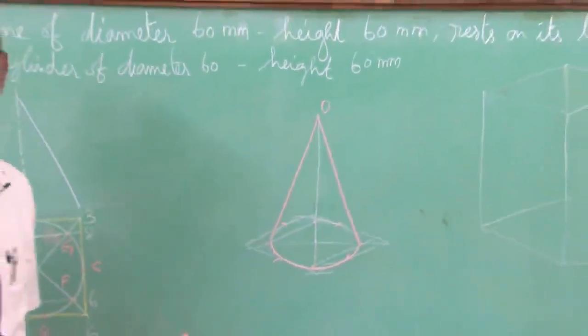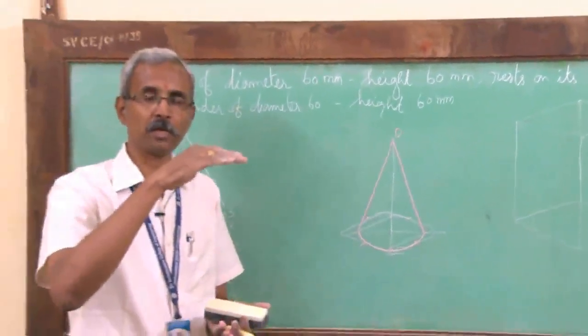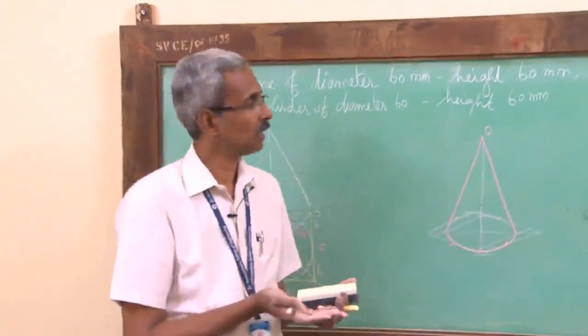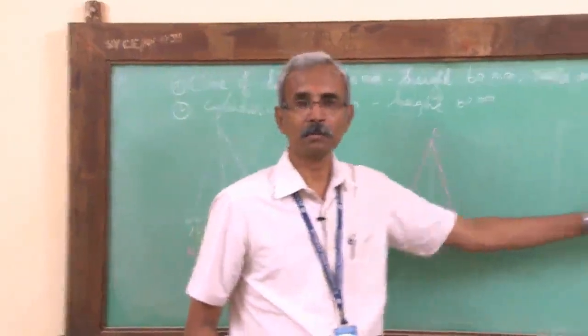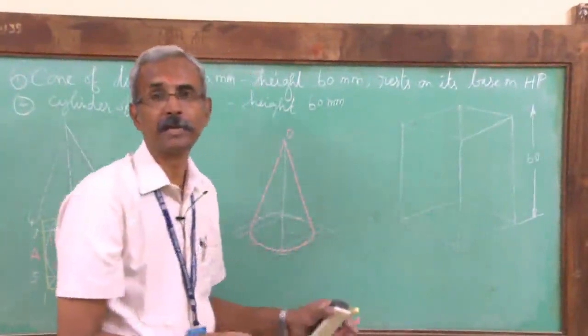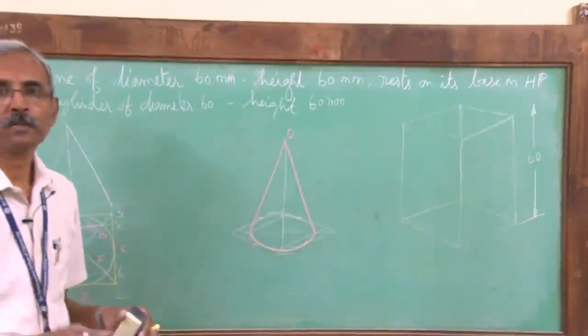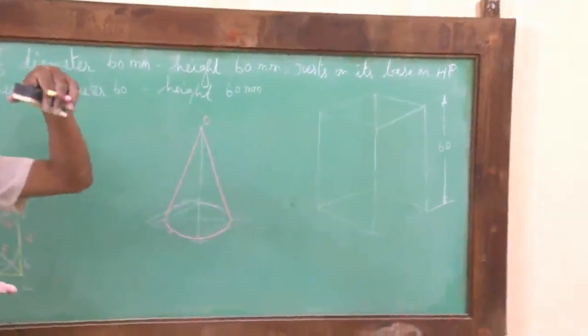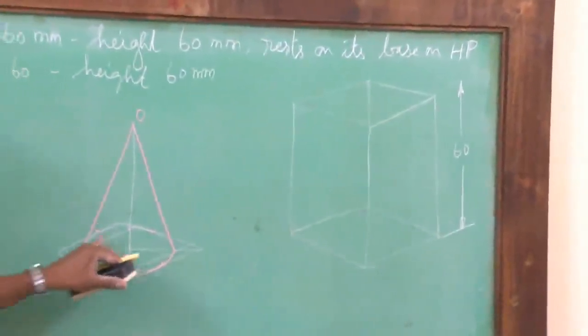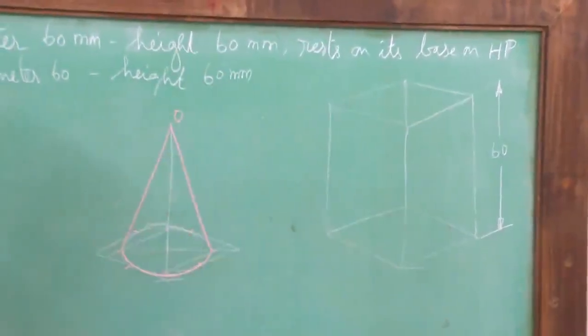As I told you earlier, when you have a solid, assume that the whole solid is enclosed within a box. So I have drawn a box here whose height is equal to the height of the cylinder. Again, it has a base and the top face, so you have two ellipses, and adopt the same method to draw the ellipse for both the base and the top face of the cylinder.